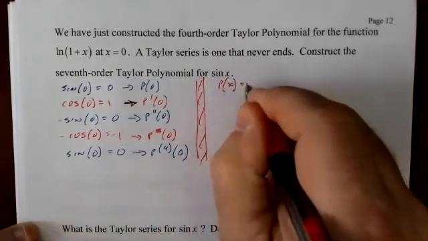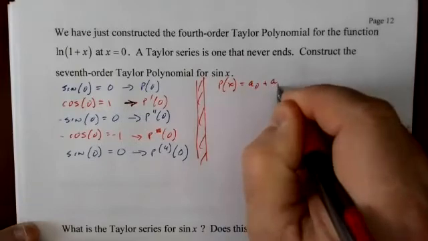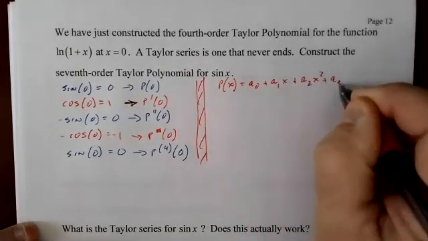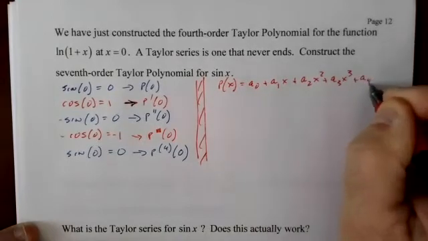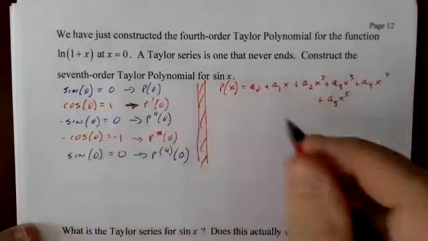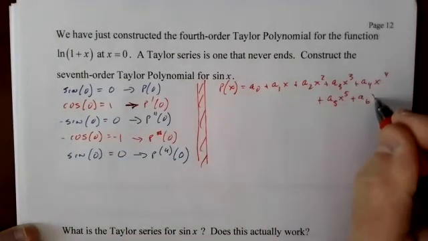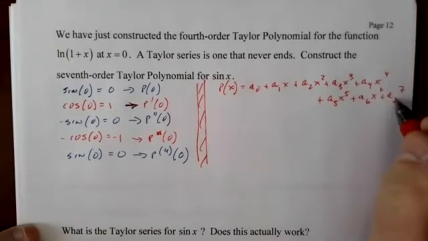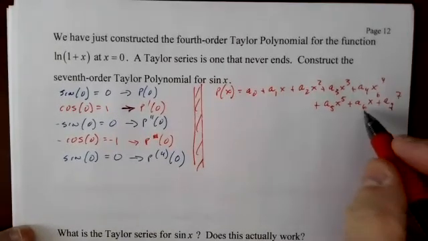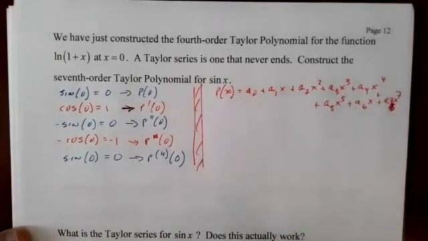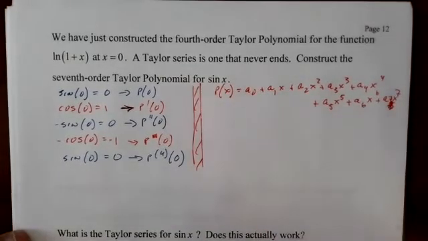P of x equals a naught plus a1x plus a2x squared plus a3x to the third plus a4 x to the fourth plus a5 x to the fifth, plus a6 x to the sixth, plus, this is a little tedious, a7 x to the seventh. Goodness gracious, what did I write there? No, it's supposed to be a subscript. Anyway, you get the idea.